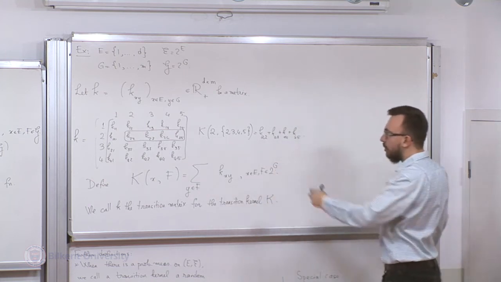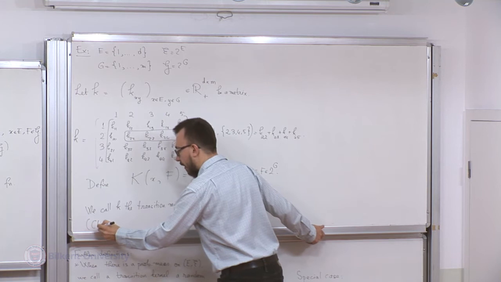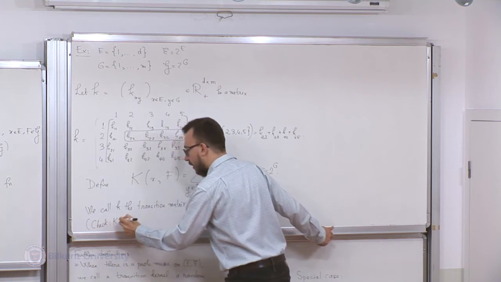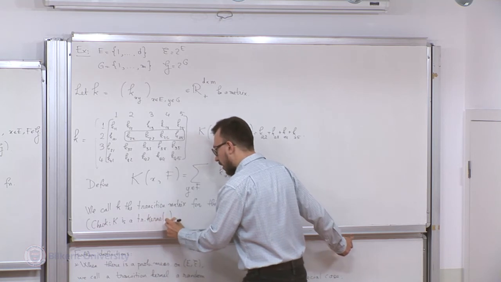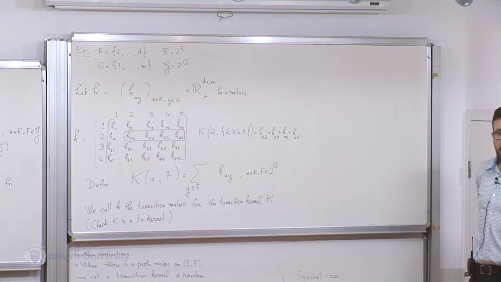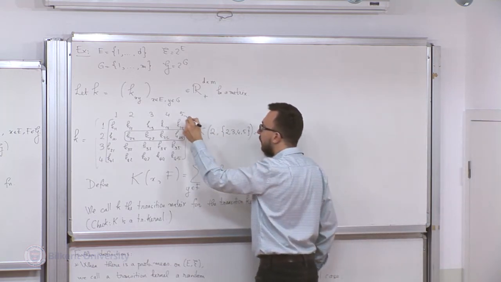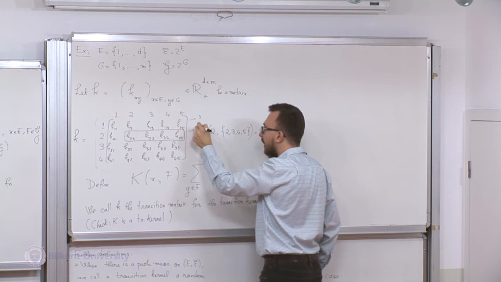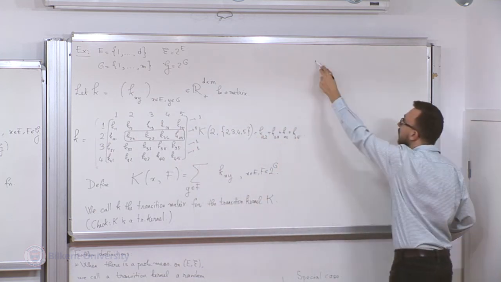This is a transition kernel. You can check it. So check K is a transition kernel. When is this a transition probability kernel? So the row sums must be equal to 1, right? If they add up to 1, this becomes a probability measure. So let's write it separately.